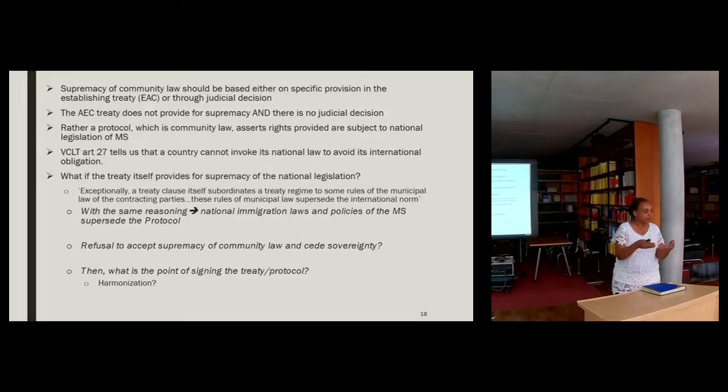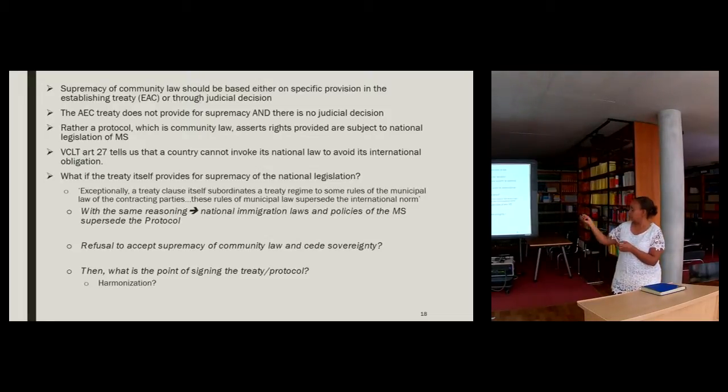But what if this international commitment itself provides that the national legislation is going to be supreme over the international law? Exceptionally, a treaty clause itself may provide that a treaty regime would be subordinate to the national law as far as that specific area is concerned. I'm not saying that all national laws would be superior to international law in general, but rather, with regard to the matters that the treaty provides, the national law would be over the international law.